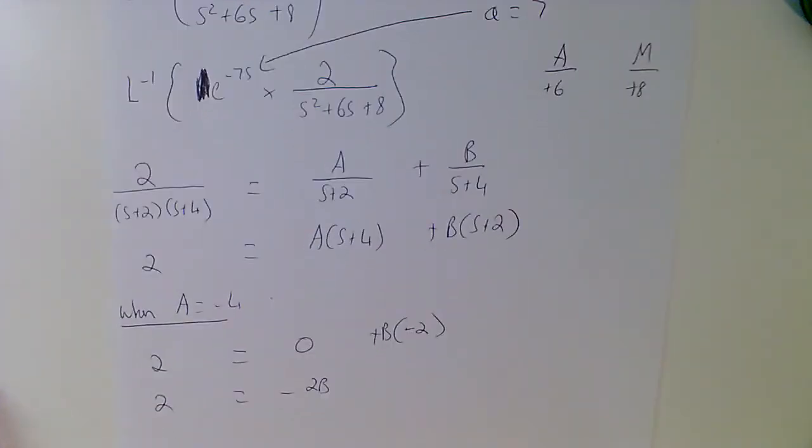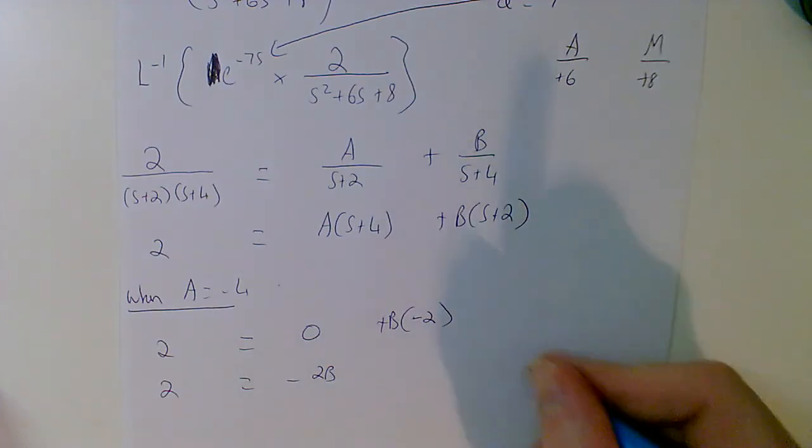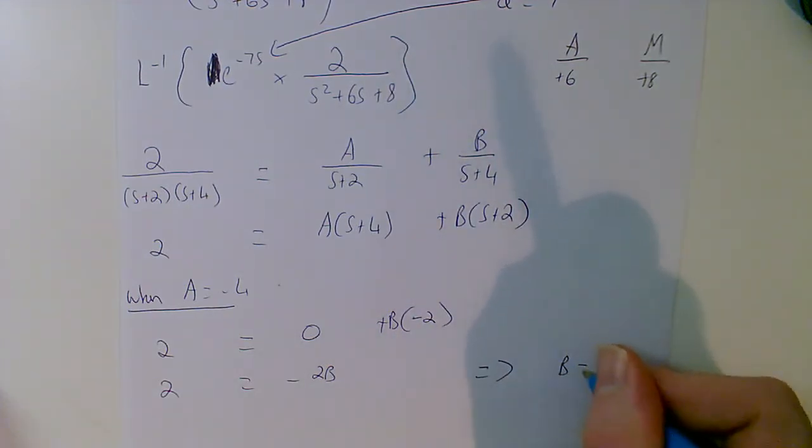So substituting your numbers, you've got negative 4 plus 2, so that tells me that b equals negative 1.